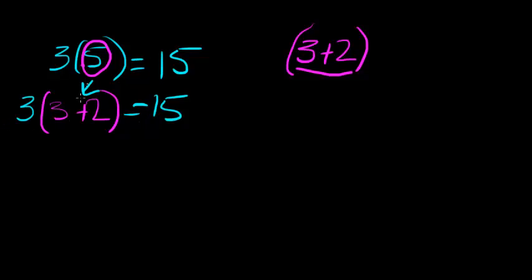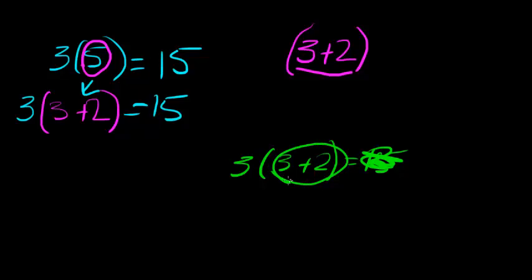Now in this one we're not going to make that substitution because it makes it more complicated. But if I said, here, simplify this, and let's pretend that's not there. Let's just say 3 times this, solve it. What are you going to do? First thing you're going to do is take that 3 plus 2 out, and you're going to say, oh, 3 times 5 is 15, right?